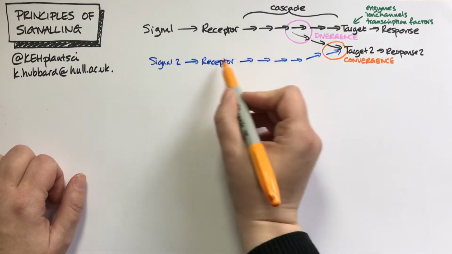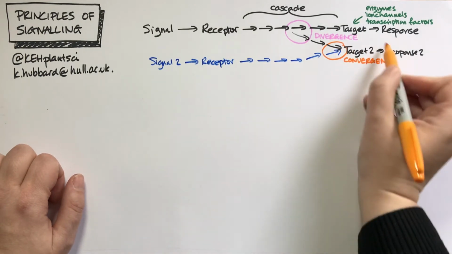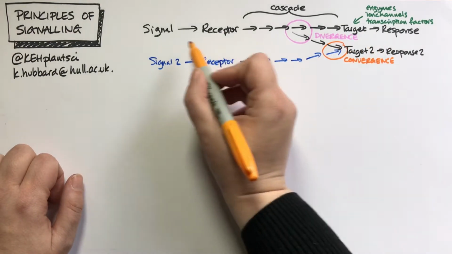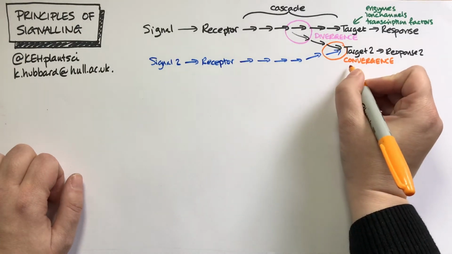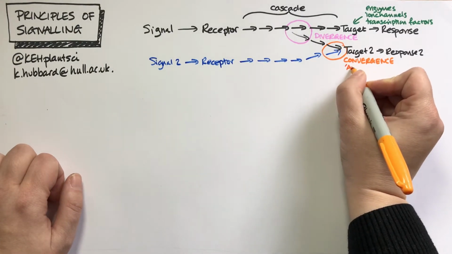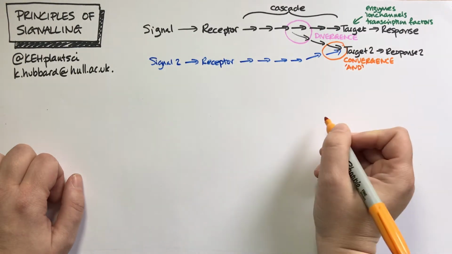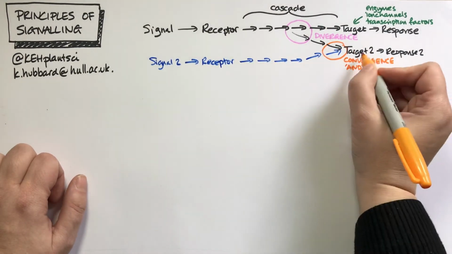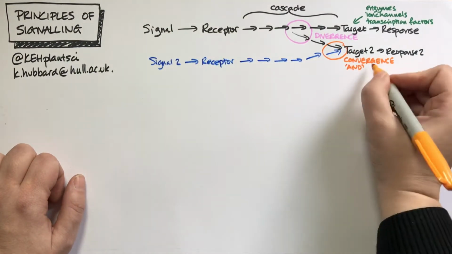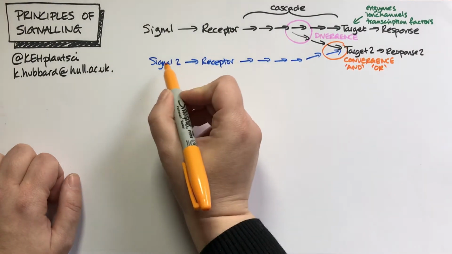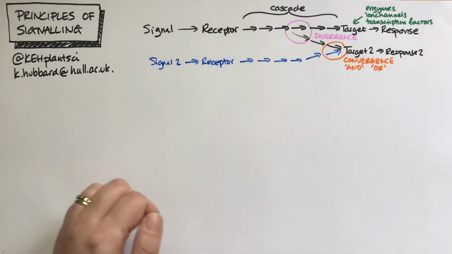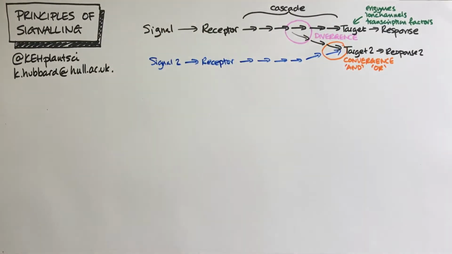A second signal has come, but it's actually affecting the same target protein. So we've got 2 different pathways. Sometimes with convergence, it's an AND system, so you need both of them to regulate it. It only gets switched on if you've got signal 1 and signal 2, or it might be an OR system, so you can have either of them. Some pathways you need both, some pathways it's either.